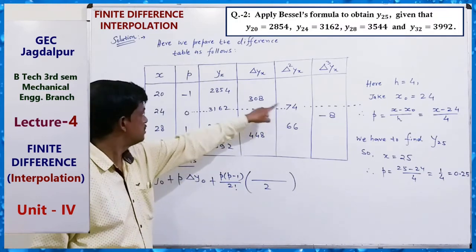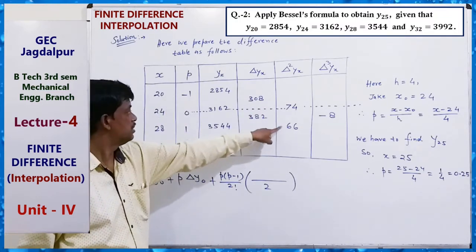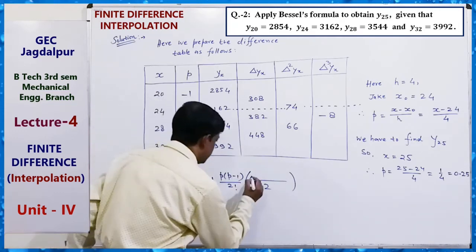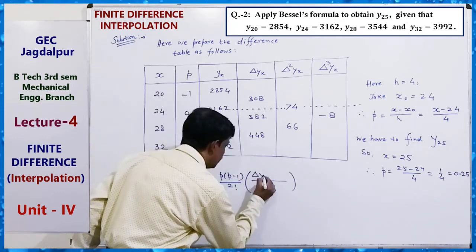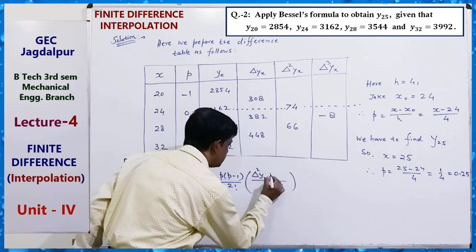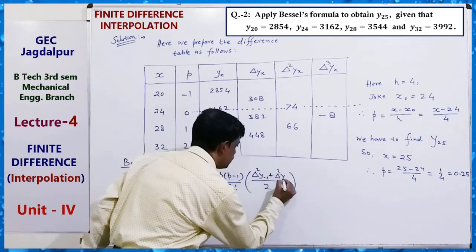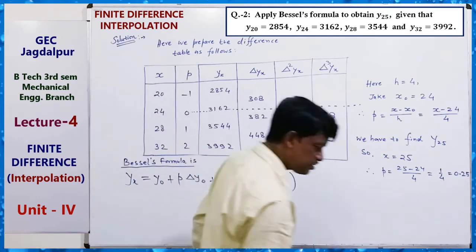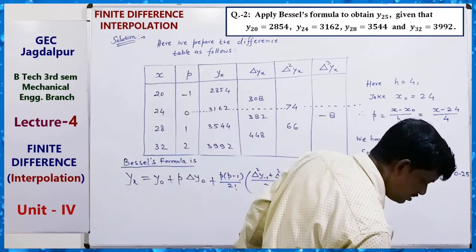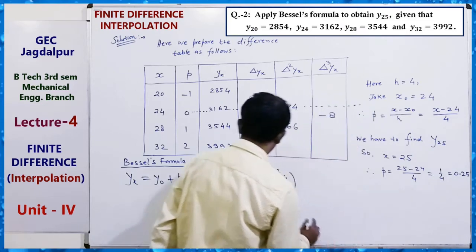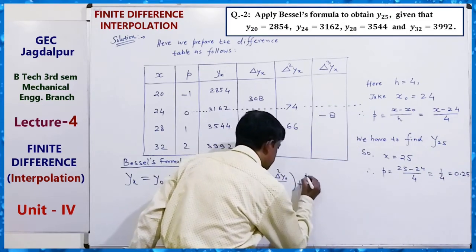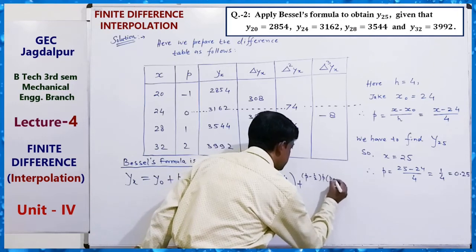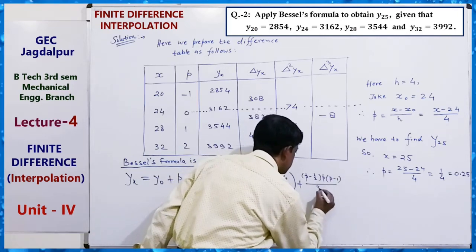See, it is at the point minus 1, it is at the point 0. So del squared y minus 1 plus del squared y0, averaged. And now the next term: (p minus half) times p(p minus 1) by 3 factorial.